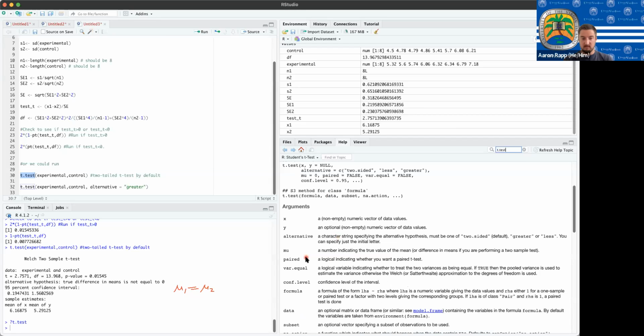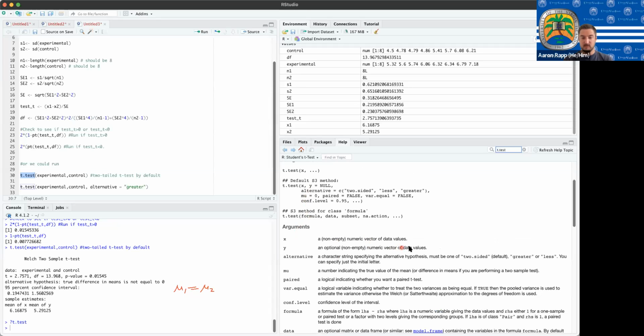And you're going to look through and say, okay, what are all the different things that I can give it? Well, X and Y are the two vectors of data values. I can also change up my alternative hypothesis by alternative equal to either two-sided, less, or greater, depending on what direction I want to go in, or conf.level.